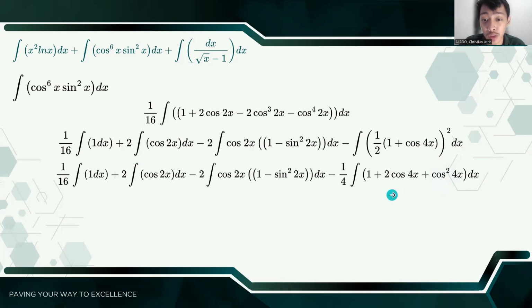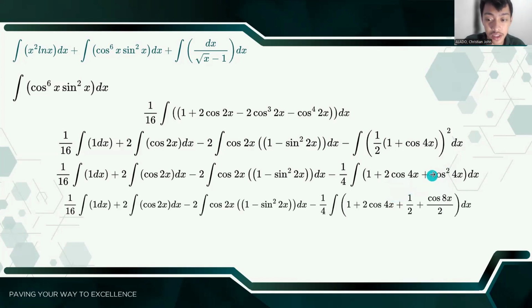Now, let us once again apply our double angle identity for our cos squared 4x at the most right of our equation, which gives us 1 plus 2 cos 4x plus 1 plus cos 8x over 2 dx.